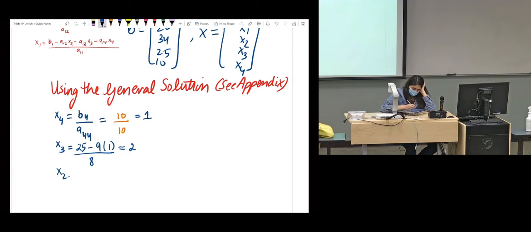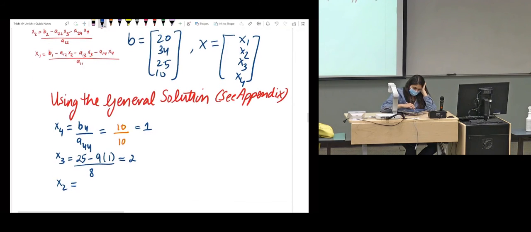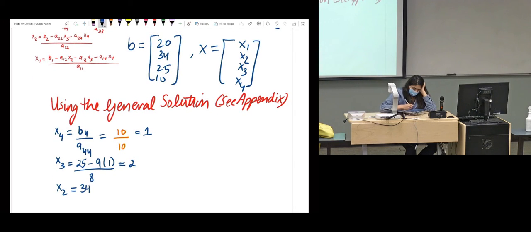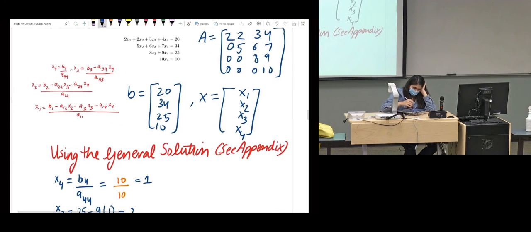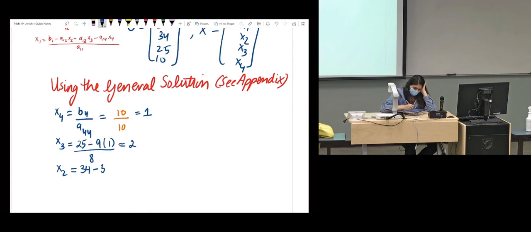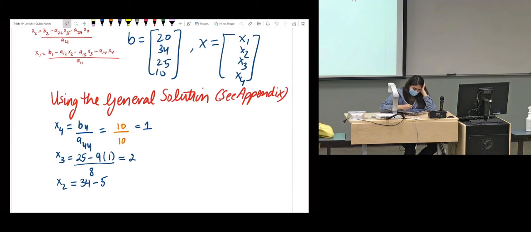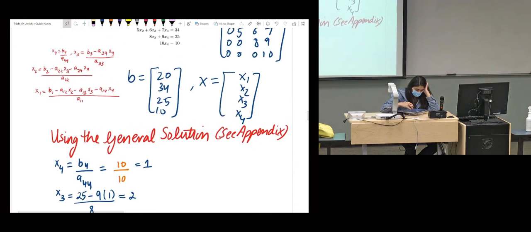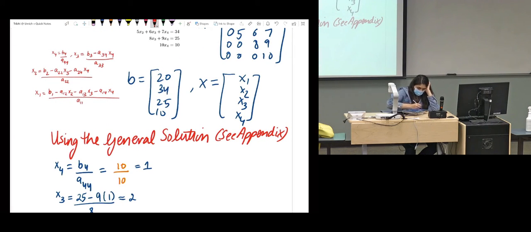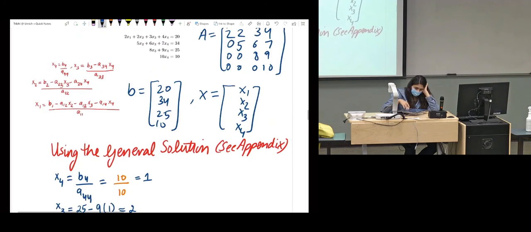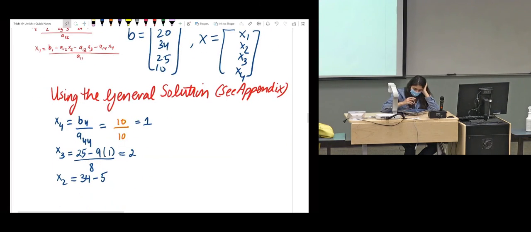Now I get x2, which is b2, 34, minus a22, which is 5, times x2, which I found, times x3. It should be a23, it should be a23. Yeah, it should be a23, which is 6 actually.